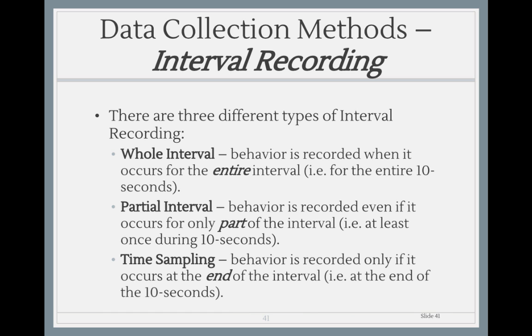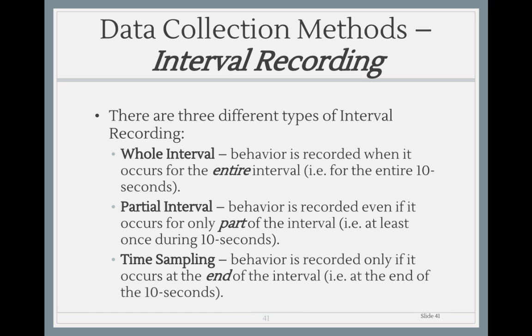Partial interval is where the behavior is recorded even if it occurs for only part of the interval. So for example, if you are observing a student to identify how many times they blurt out, partial interval may be a good way to look at that.